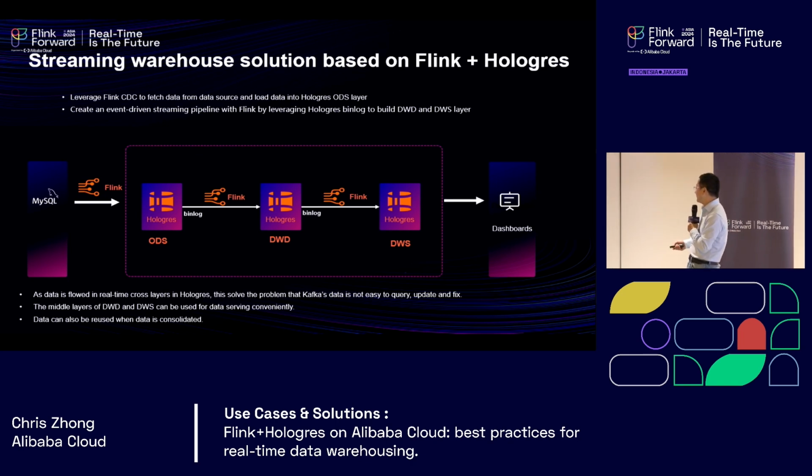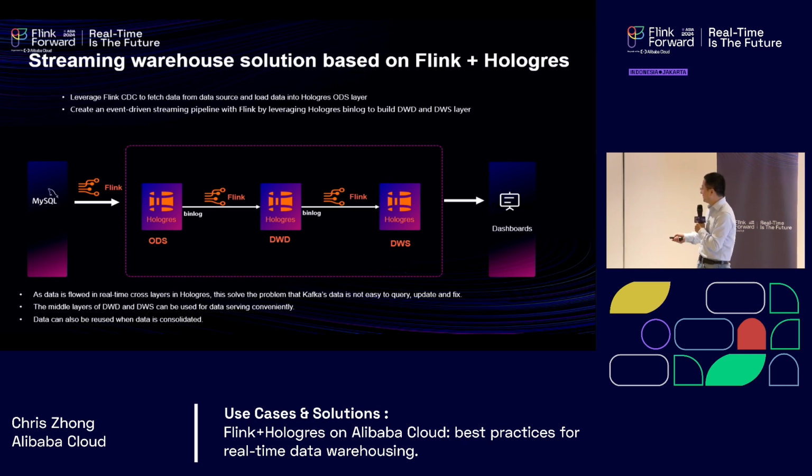Because now the data flows in real time across layers in Hologres, this resolves the key problem. Before, in option 1, Kafka's data is not easy to query, update, and fix.